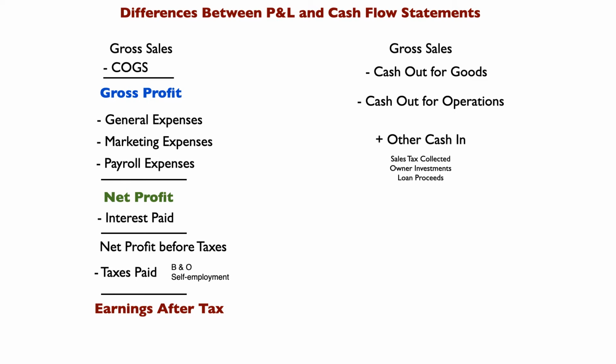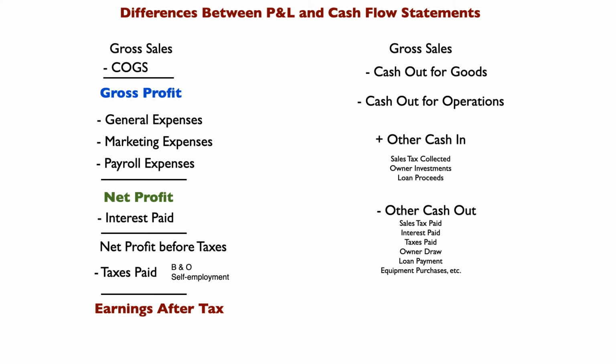It could include any investments that you as the owner or other investors made into the business in a particular month. If the business loaned money and that person is now paying back, that's a loan proceed, and that would be included. The idea of this other cash in bucket is to capture any other money coming into the business, no matter what it is, that didn't come from selling your product or services.